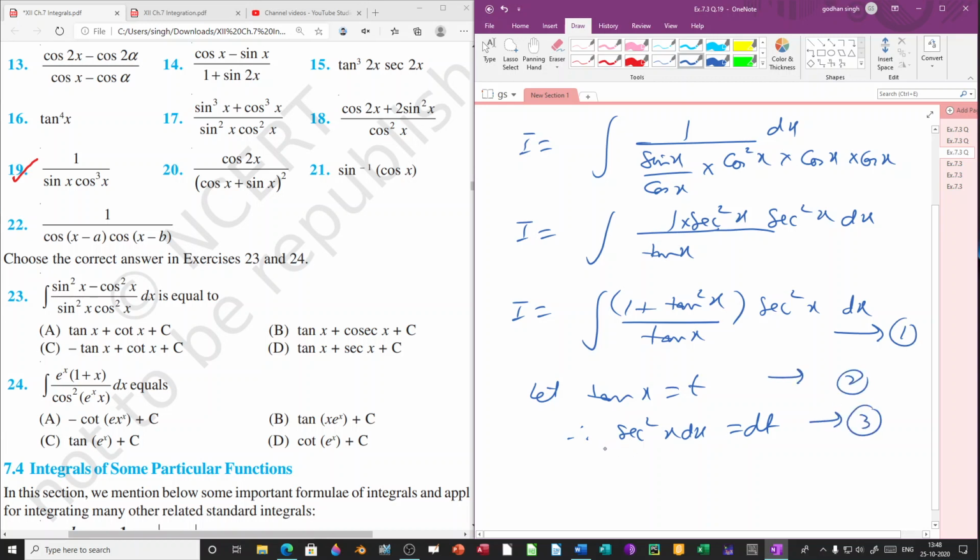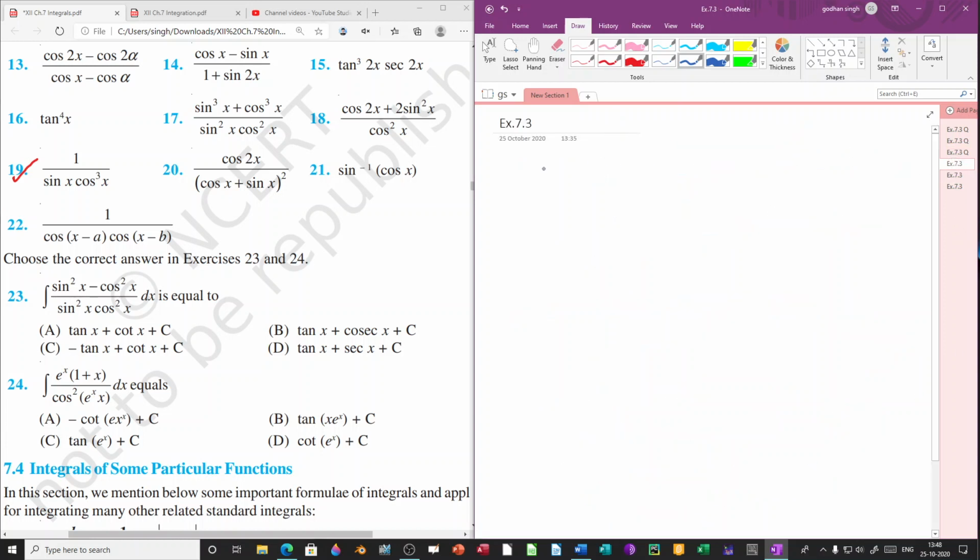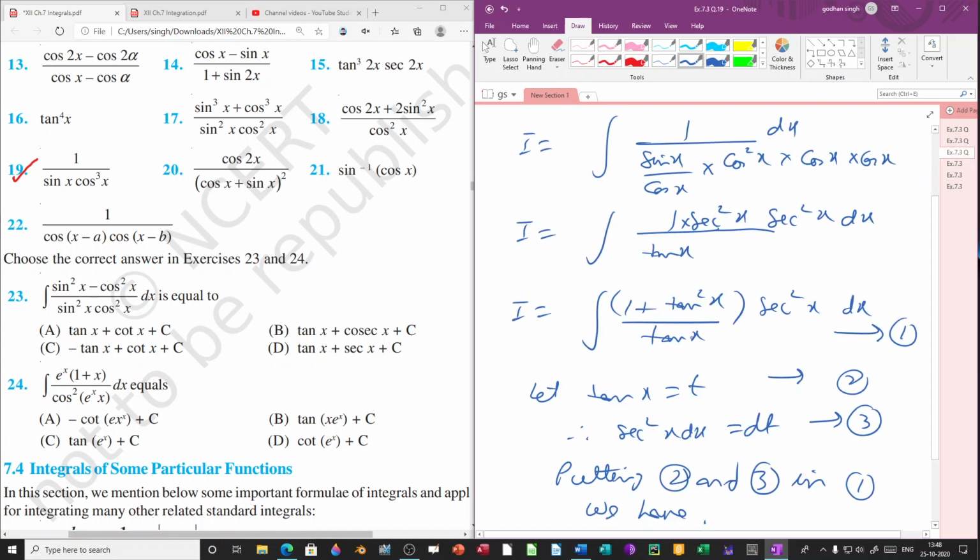Putting 2 and 3 in 1, we have, so let us put 2 and 3 in 1. So what we'll be having is I equal to 1 plus, here in place of tan square x, we will be writing t square.